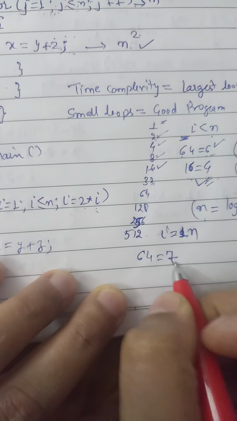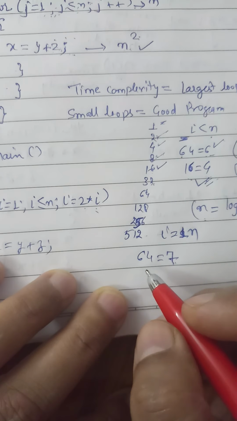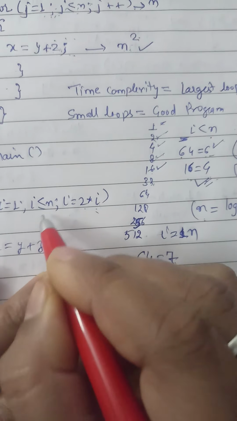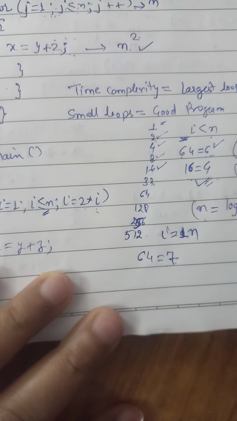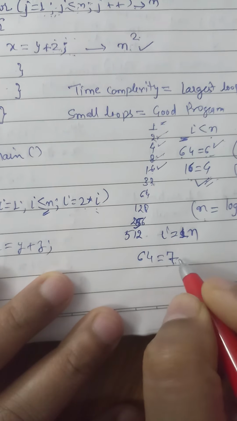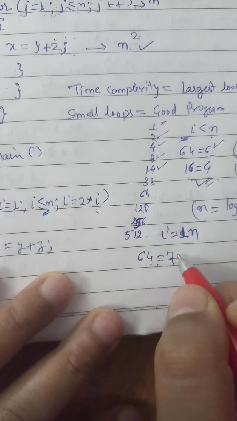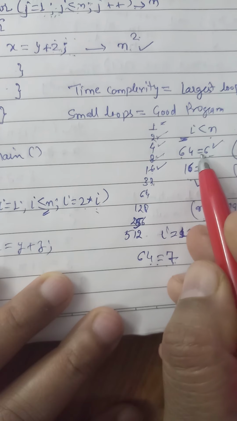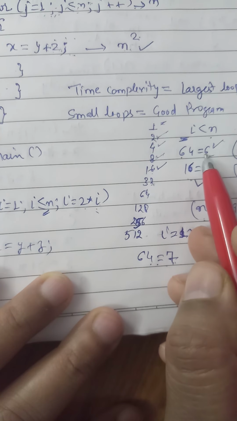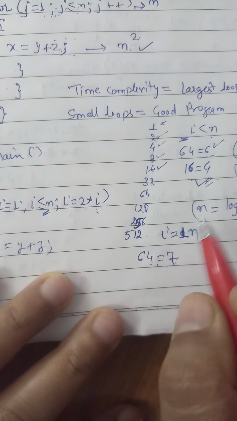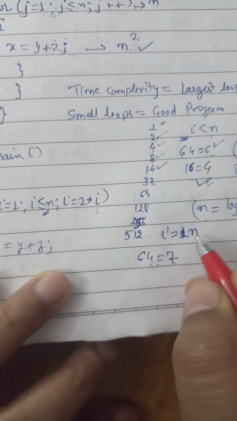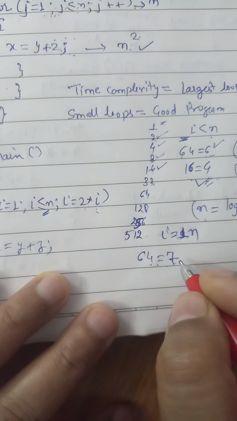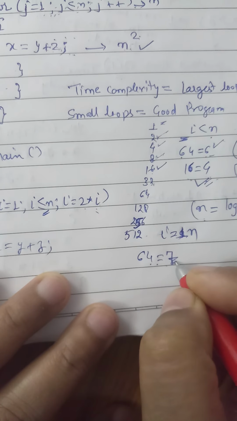It will run 7 times, and one condition is added here for checking equal to. As we see here, 64 we get when it runs 6 times, but we are adding one more condition for I equal to n, so one extra will be added. That's why it will become 7.